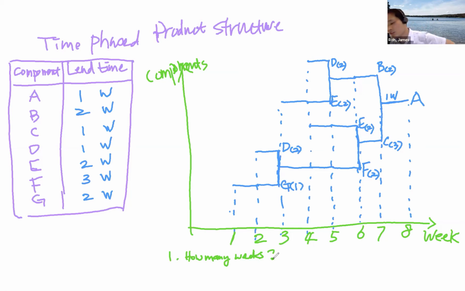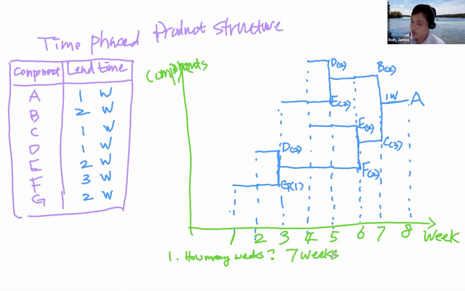How many weeks does it take for you to make the awesome speaker according to this lead time and product structure? Oh, this is not a difficult question. 8. Okay, the answer is, if you count, it's 7 weeks. It takes 7 weeks.